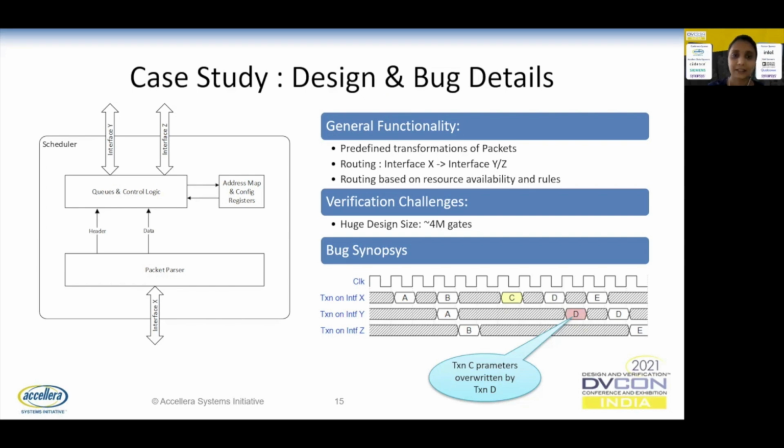The basic challenge for the formal verification of this block was its design size. It was about 4 million gates, which would pose challenges to the formal verification tools for convergence.